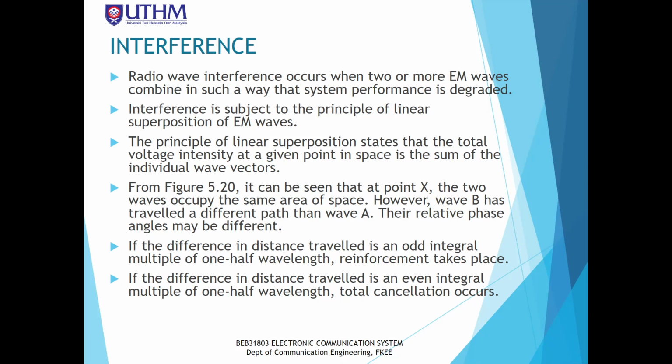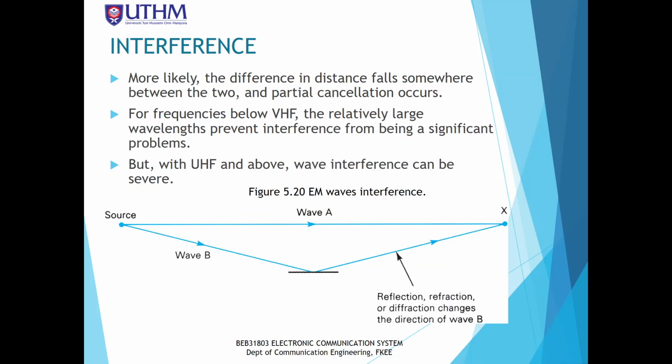Okay, ada signal yang mempunyai frekuensi yang sama. So signal itu bila bertembung dinamakan sebagai interference. So that other signal is the interference to your signal. So this is about interference, from two different waves that have the same frequency.